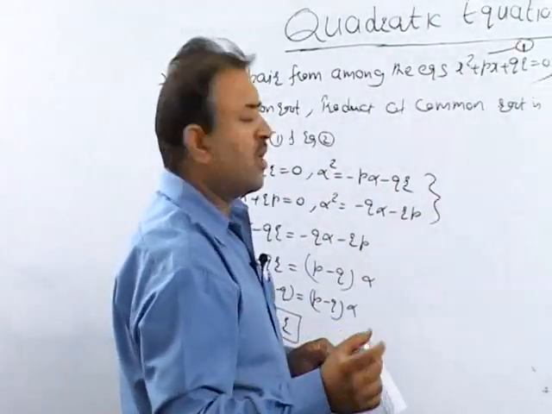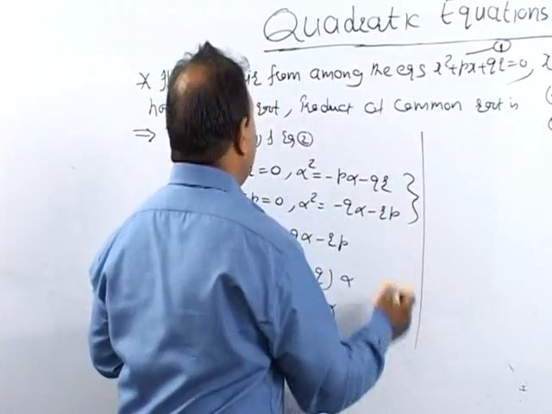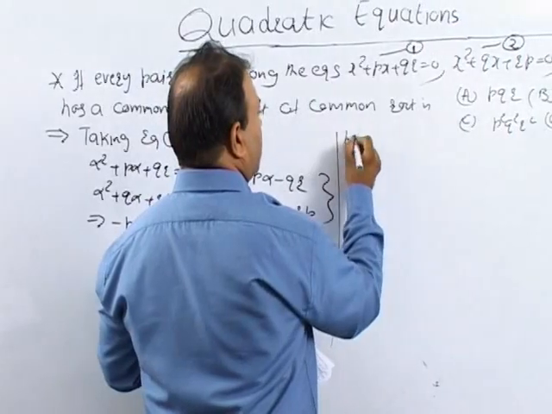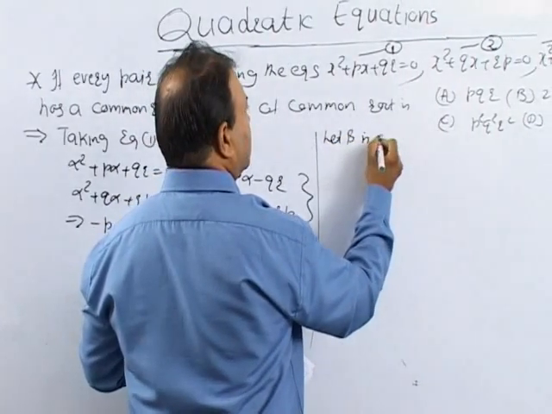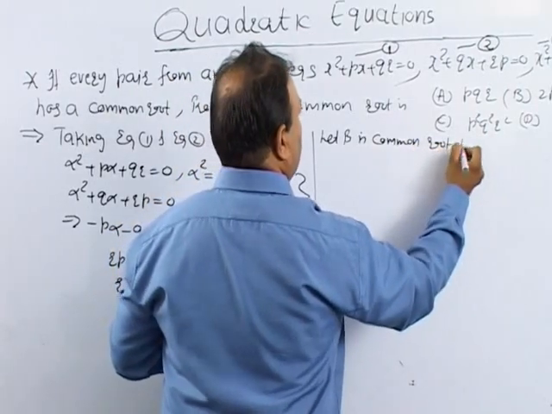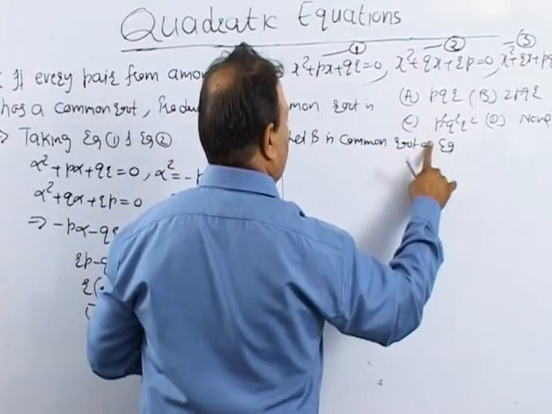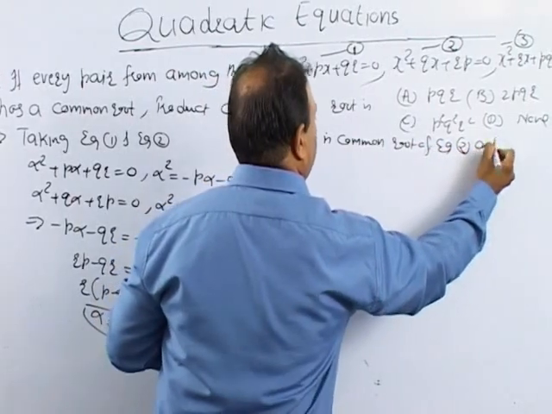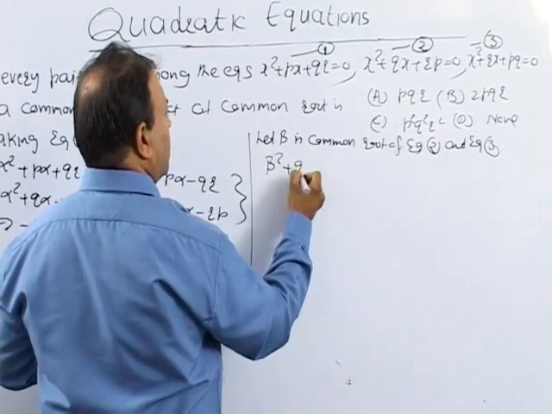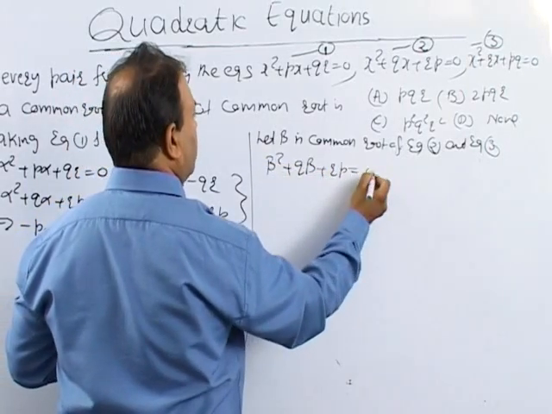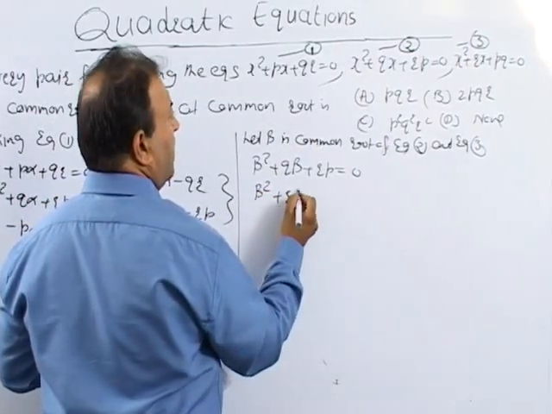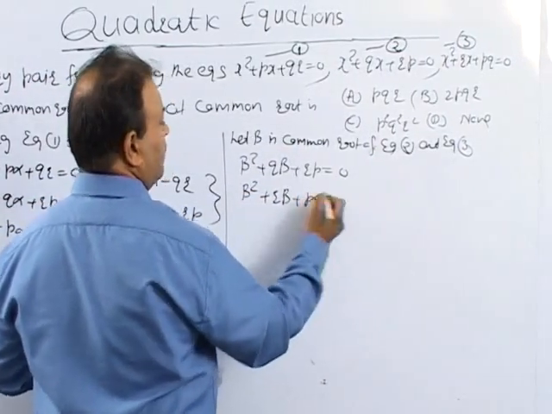Now I find out the common root between equation number 2 and equation number 3. Let beta be the common root of equation number 2 and equation number 3. It comes out to be beta square plus q beta plus rp is equal to 0, and beta square plus r beta plus pq is equal to 0.